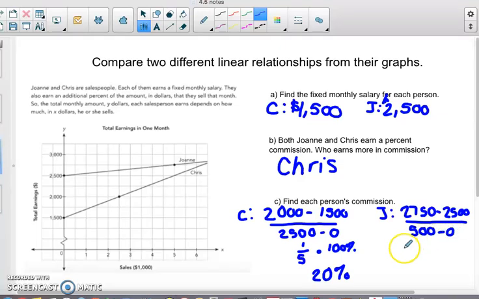This simplifies down to 1 over 20, and again I want to find it as a percent. So I can multiply by 100%, which gives me 100% over 20, which simplifies down to 5%. So this gives us each person's commission, and again we can see Chris earns more commission.